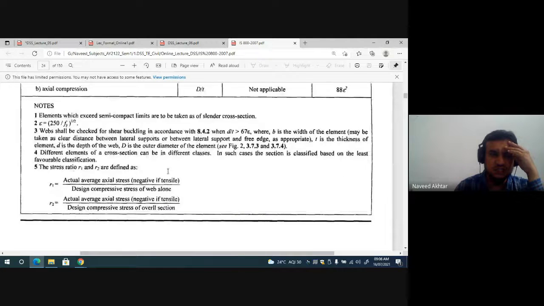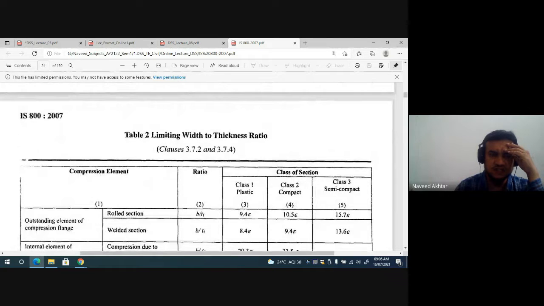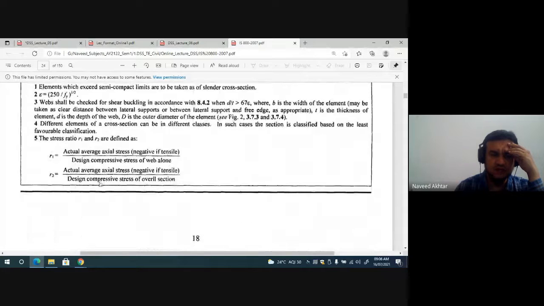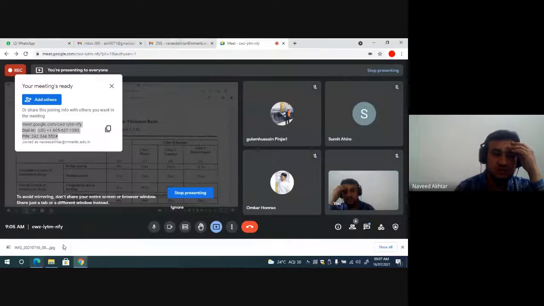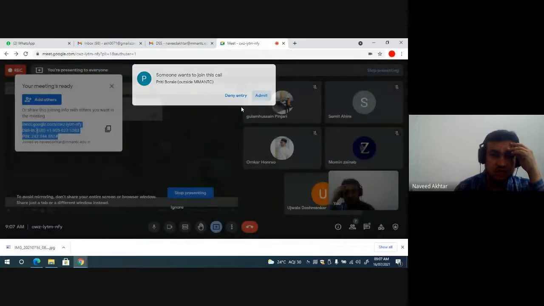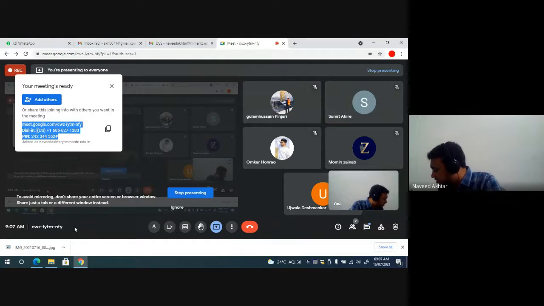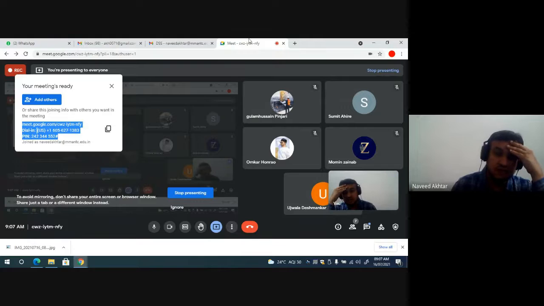This table is required when you are going to classify the section. It is Table number 2, limiting width to thickness ratio. This table is very important when you go for design, because every design needs a section classification, and we need to know the type of section in the design of any of your members.